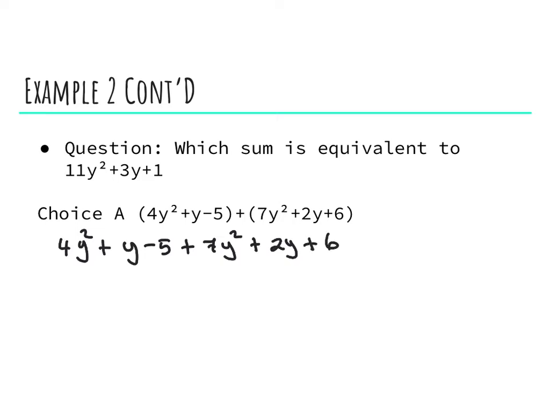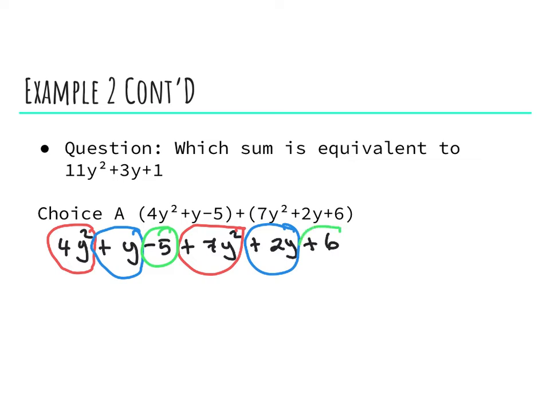The like terms are 4y to the second and plus 7y to the second. Plus y and plus 2y are like terms, and negative 5 and positive 6 are like terms. So combining the like terms, 4y to the second plus 7y to the second gives us 11y to the second.